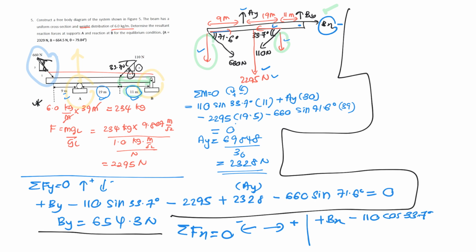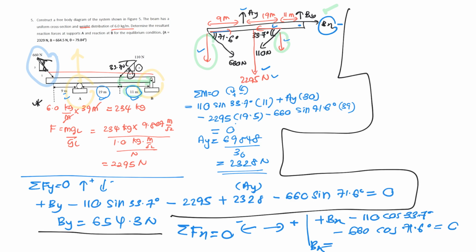That's the reason why you need to make sure that for the vector part, the first part, you fully understand how to get cos and sine, because this one is definitely application. Okay, so Ay, is there any X component? No, Ay only has Y component, so you don't have to put it there. And the 660 definitely has an X component, which is to the right, so you put minus 660 cos 71.6 degree equals to 0. So you find the Bx first, whether my direction is correct or wrong.